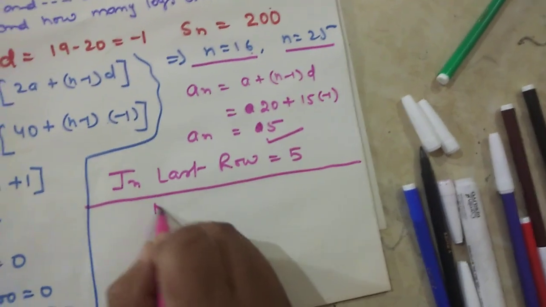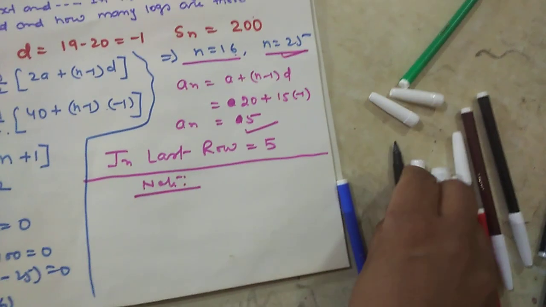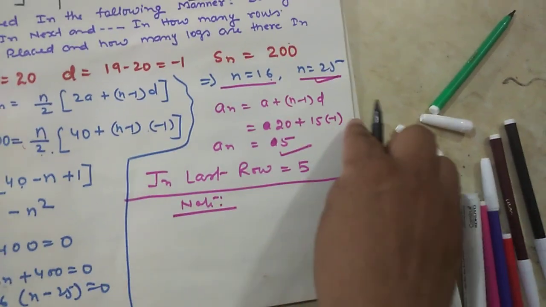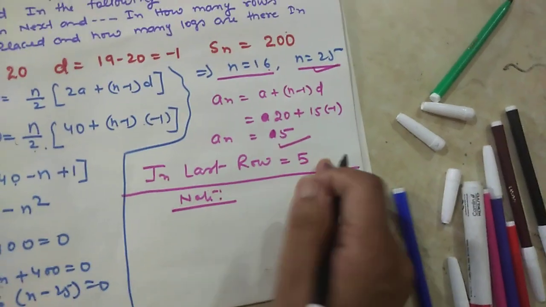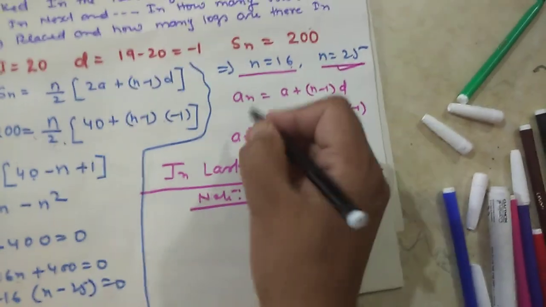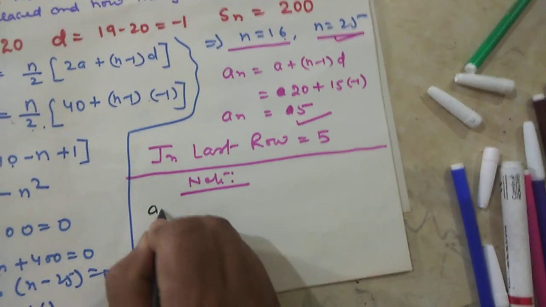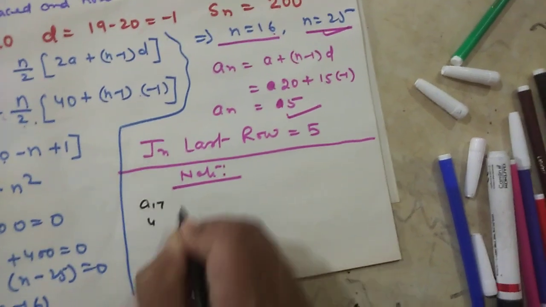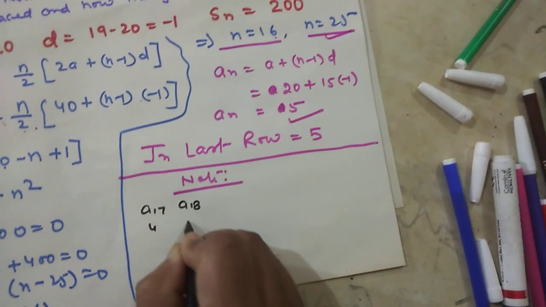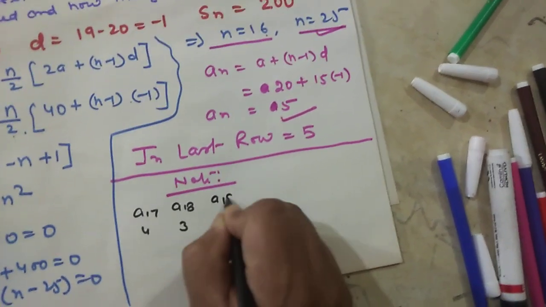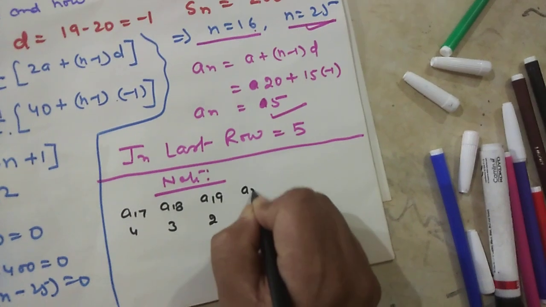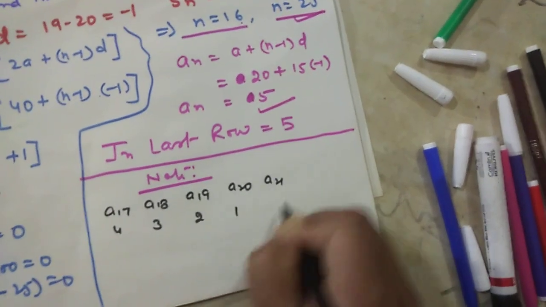But you find here a note. Why have I not taken 25? Now we know that it goes minus 1. So after 16, 17 is 4. 18 is 3. 19 is 2. 20 is 1. 21 is 0.